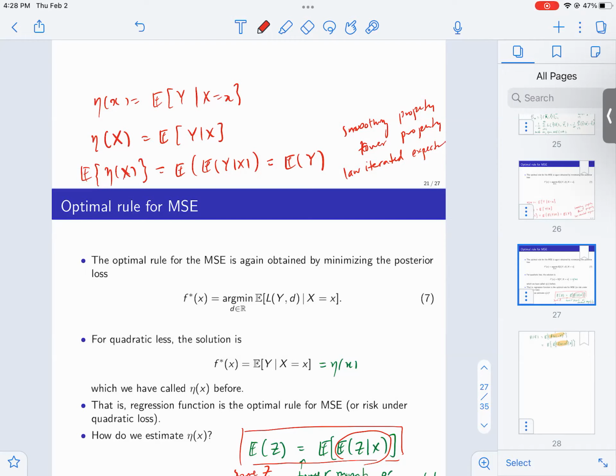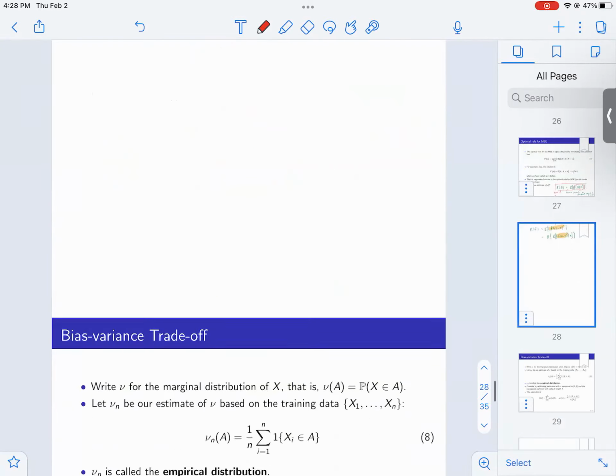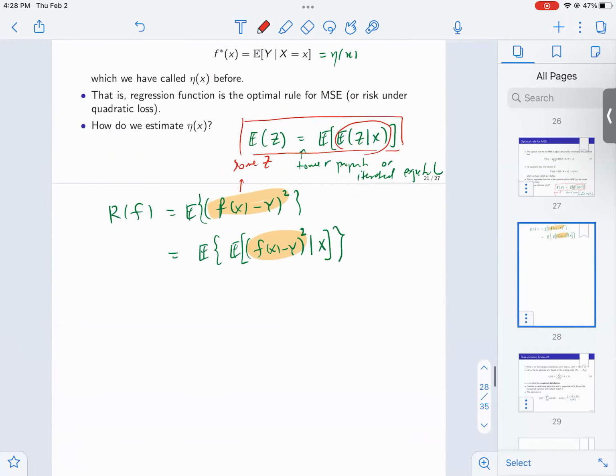I'm going to assume that you know this from a previous course, which doesn't look like it, but Google this. It's very important. Maybe we can talk about this later. It's not of super concern to us, but it's very good to remember this. If you take the expectation of a conditional expectation, you get back the expectation of the original variable that you were trying to condition on something else. So I can always write this like that.